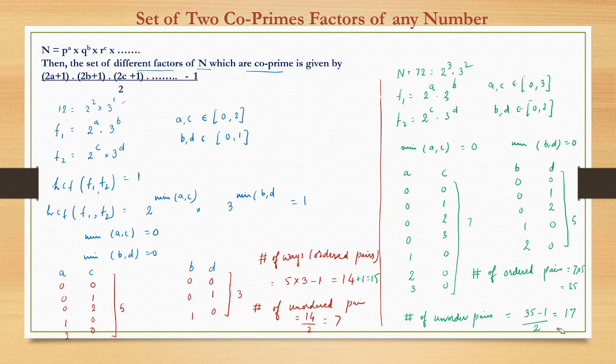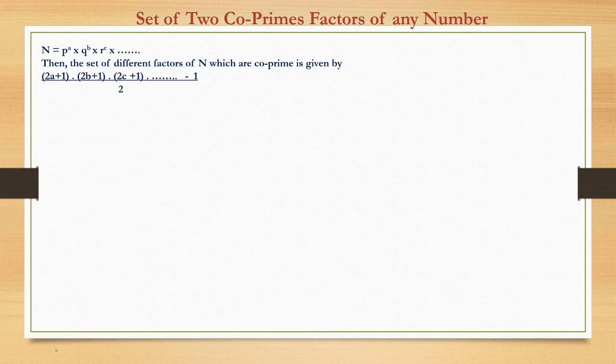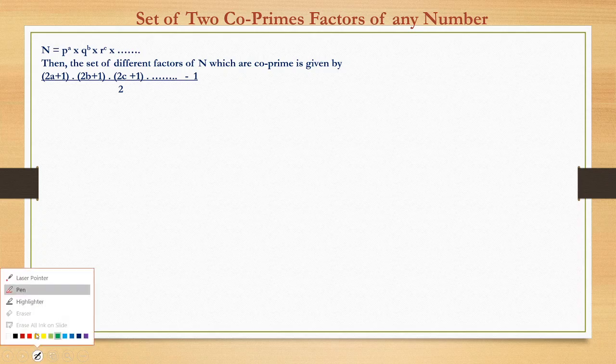So 17 is the answer. Now we'll move to the next pattern of questions. It is a similar pattern, but we'll see another method of how to solve this question.